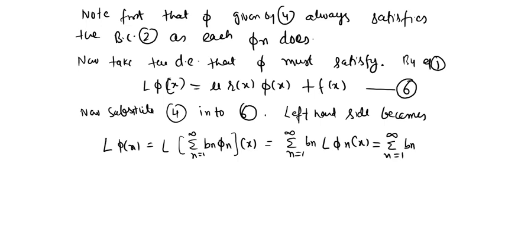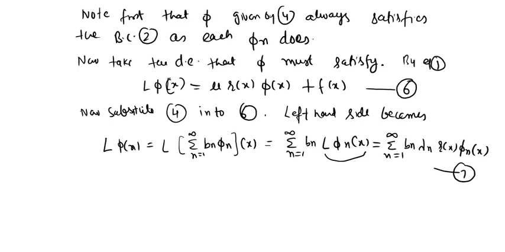So what will be L phi_n? So phi_n are solutions of the homogeneous problem, so L phi_n will return lambda_n r(x) phi_n(x).